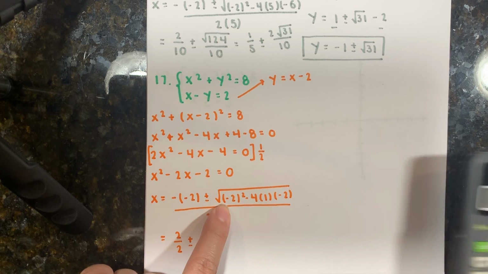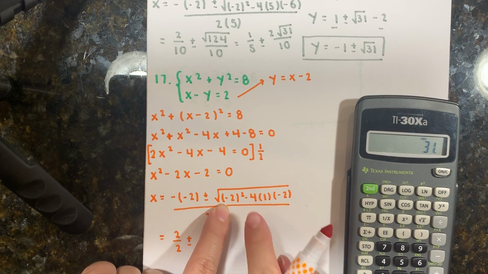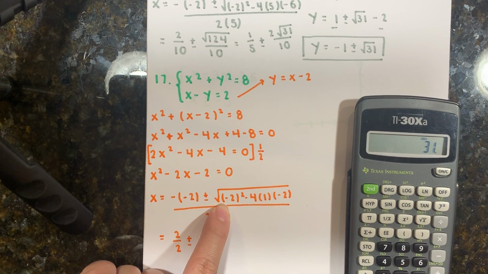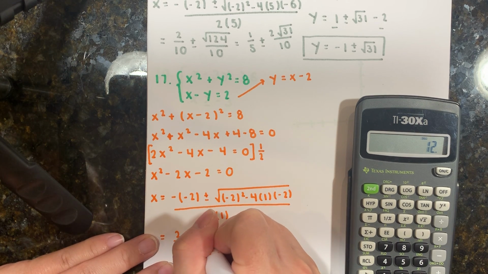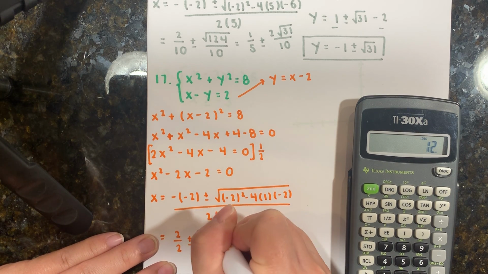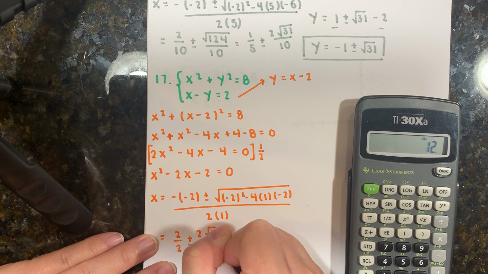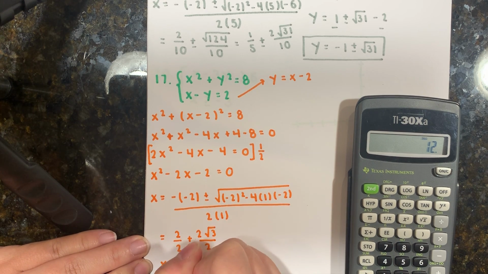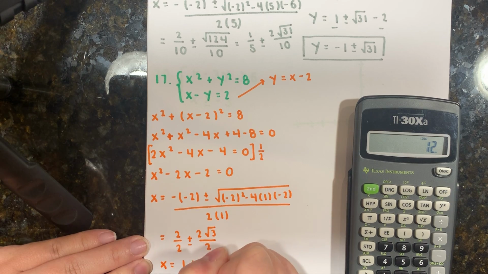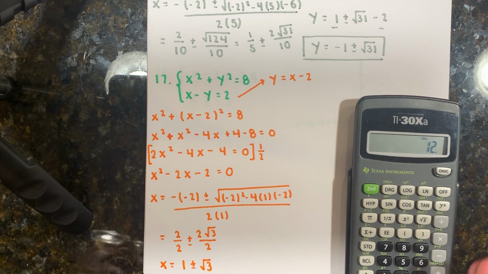The square root here, I would have negative 4 times negative 2 is positive 8. So I have 4 plus 8, which is a square root of 12. And that could simplify to 2 square root 3 over 2, which means that your result for x is going to be 1 plus or minus the square root of 3.